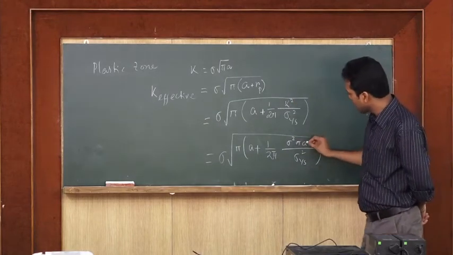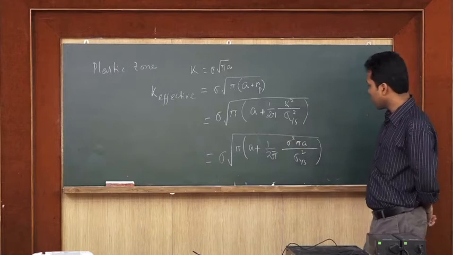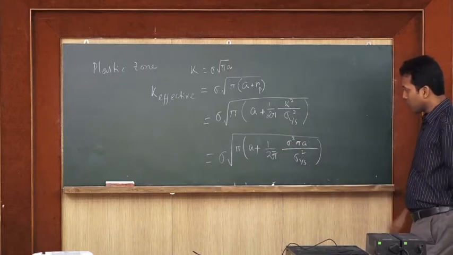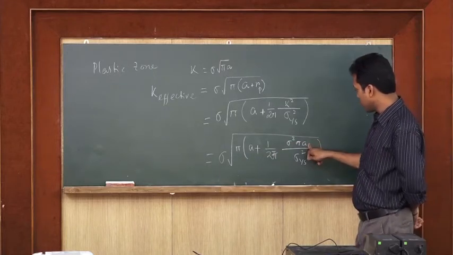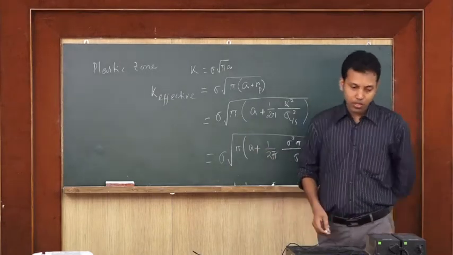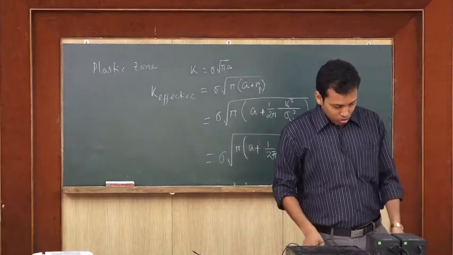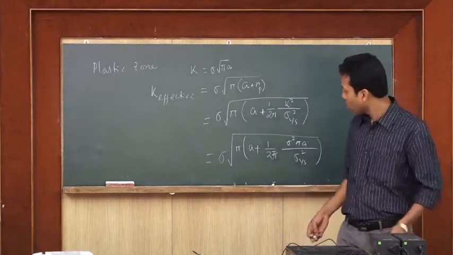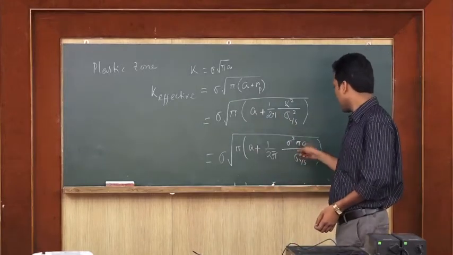So you can cancel the pi and take out a from here.